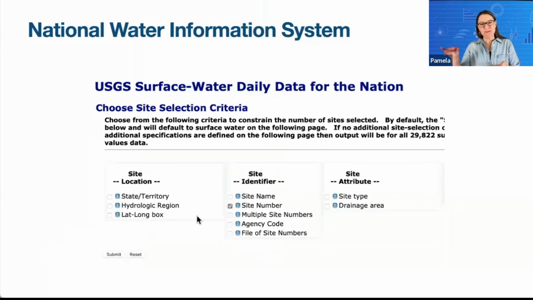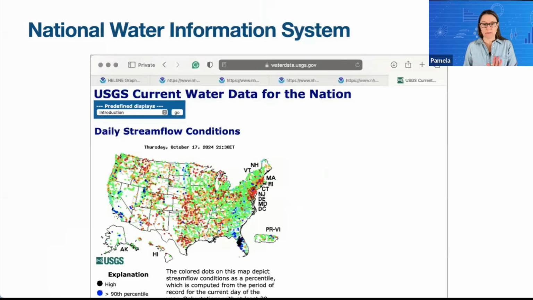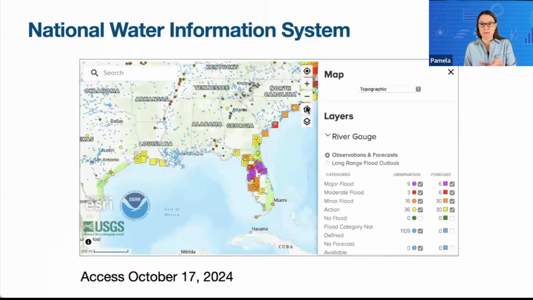you click through these menus, you'll find a page like this where you're able to specify how you want to find your site. Let me go back, particularly here. If I'm on this slide or at this website and I go to my river gauge, I can find that information for a river gauge, and you want to find the USGS gauge number.